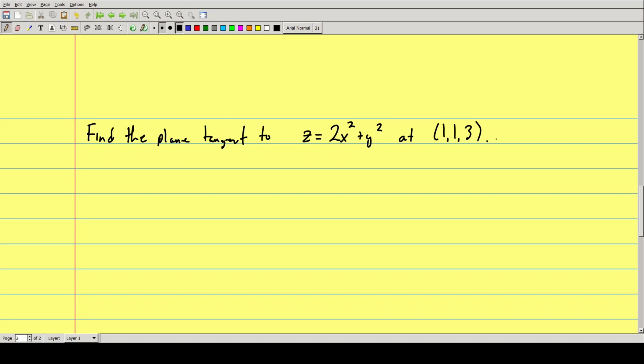Okay. So we start off with our formula for our surface.